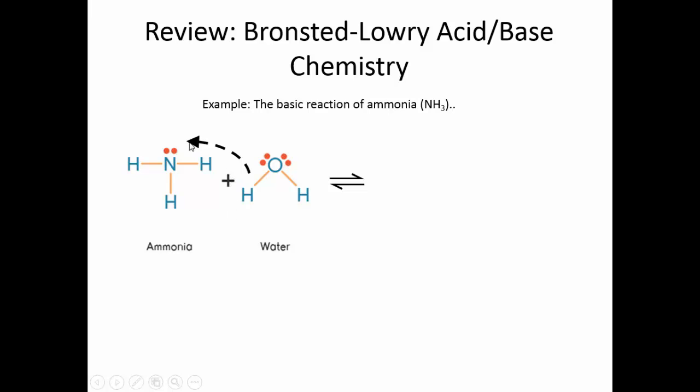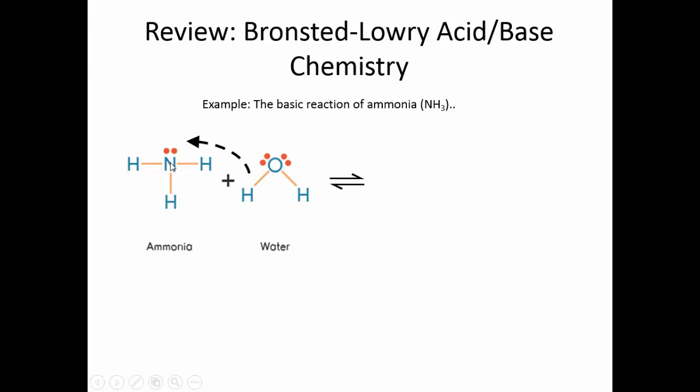Now acids and bases are defined in terms of the roles that these molecules take. You can see the water molecule, which is donating the hydrogen ion, or losing the hydrogen ion, is referred to as an acid. So the molecule that gives off the hydrogen ion is called the Bronsted-Lowry acid, and conversely, the molecule that accepts the proton as it's transferred is called the base.